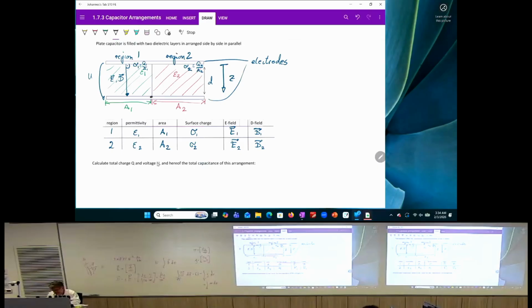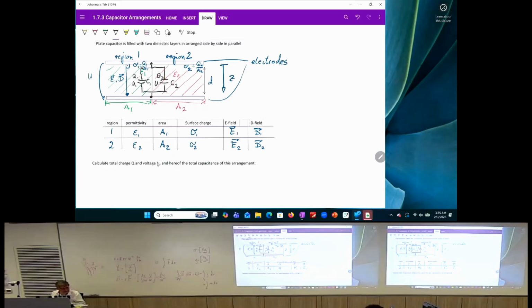Basically, this is our one node, this is the other potential node, and you can put in here an equivalent circuit, and you have here a C1 and a C2, and you have a Q1 and a U and a Q2 and a U. So you have the same U, the same voltage on either one because they are in a parallel configuration, and you can make use now of this equivalent circuit where you put in parallel two capacitances.